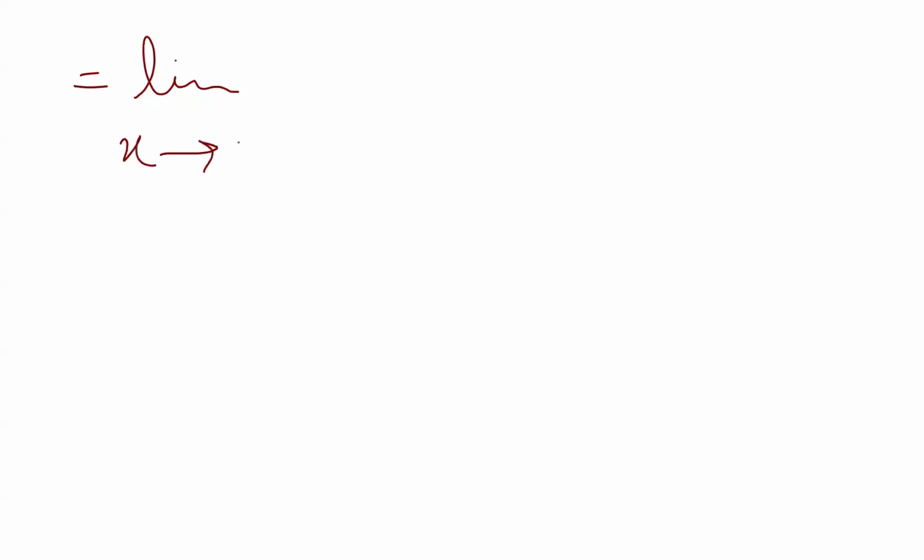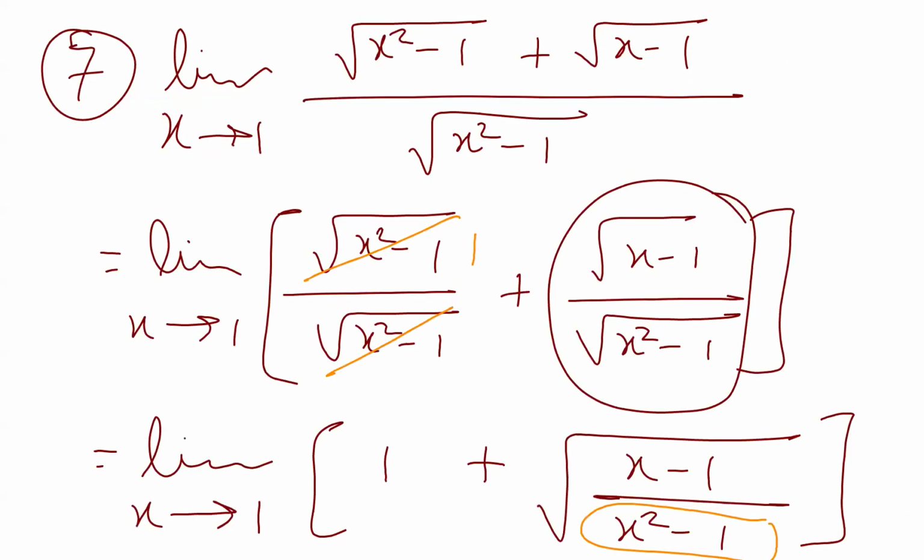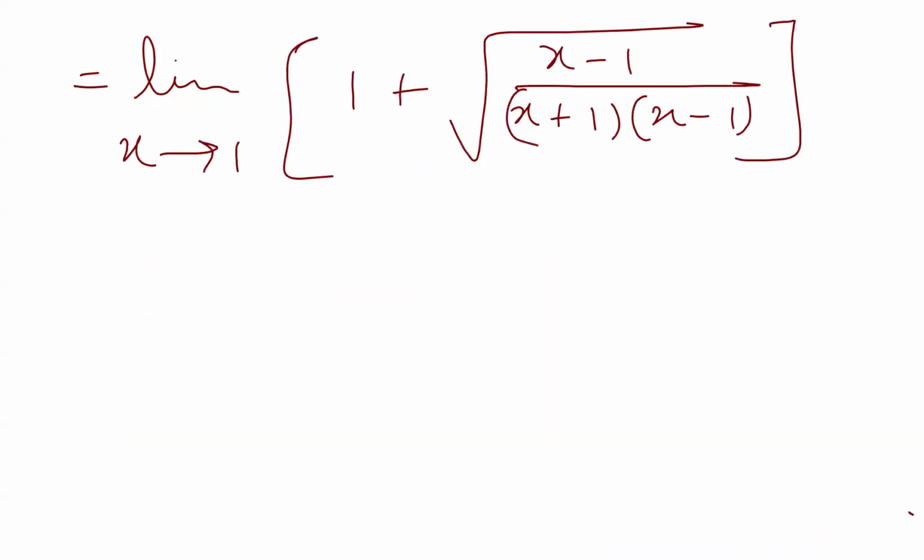So limit x approaching towards 1, 1 plus root of x minus 1 upon x plus 1, x minus 1. Guys, do you agree with me? I'll show you the previous slide. See? So this term I have written as x plus 1, x minus 1.